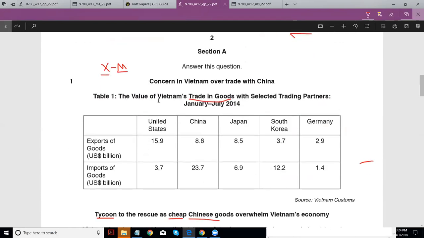Okay, so we're talking about Vietnam's trade in goods shown here. So with which country will it have the greatest surplus? If Vietnam has the greatest surplus with this particular country, it would have the greatest deficit with Vietnam, right? So you just subtract these two, and wherever Vietnam has the highest surplus, that country will have the higher deficit. Subtract.